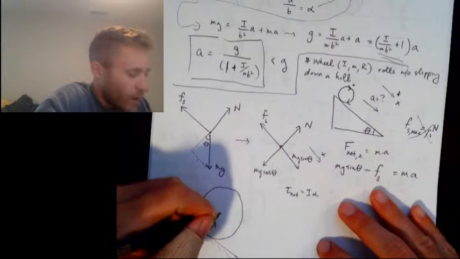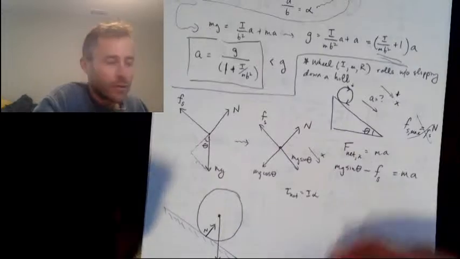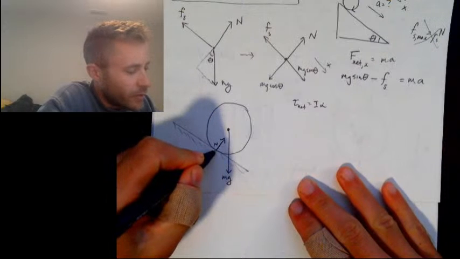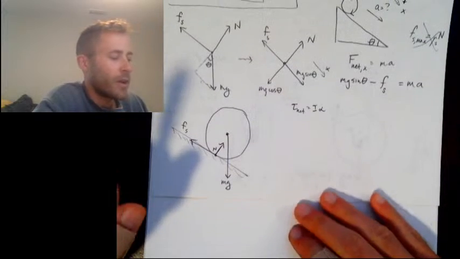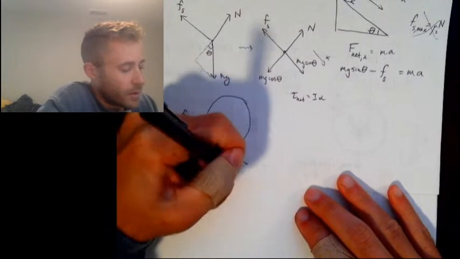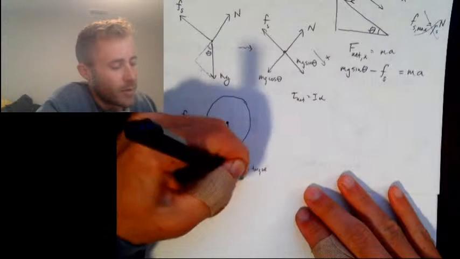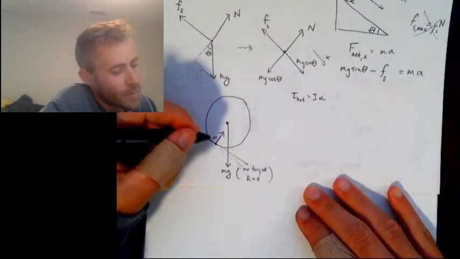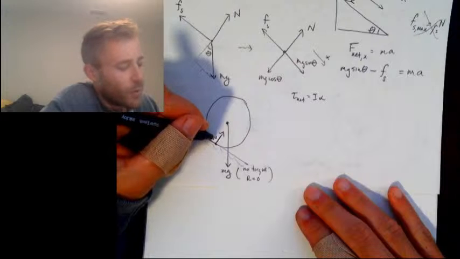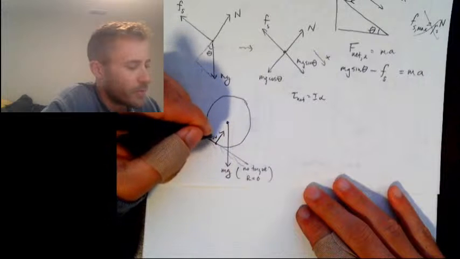We've got the weight force that acts straight down through the center. And then we've got the static friction force acting there. Now, just like before, the weight force is going to have no torque because R equals 0. The weight force is acting through the center. The normal force also gives no torque.